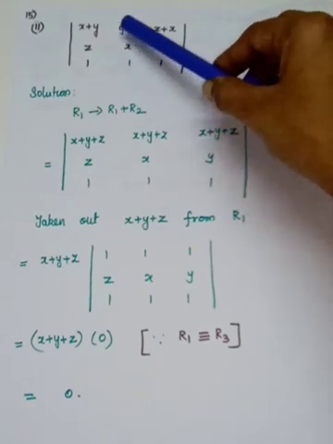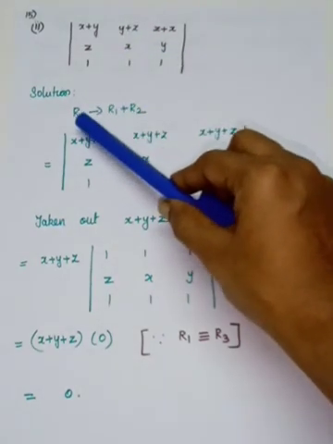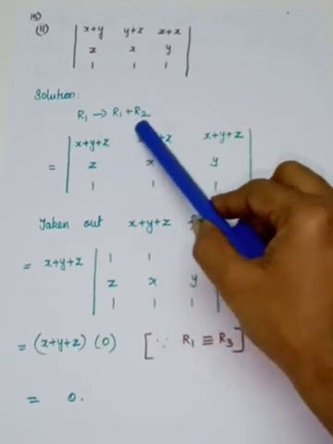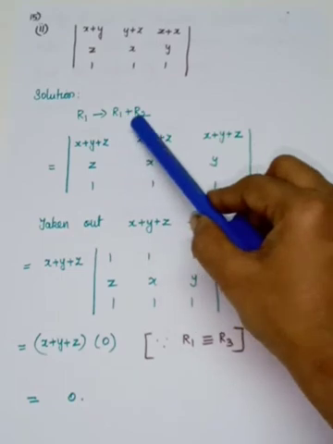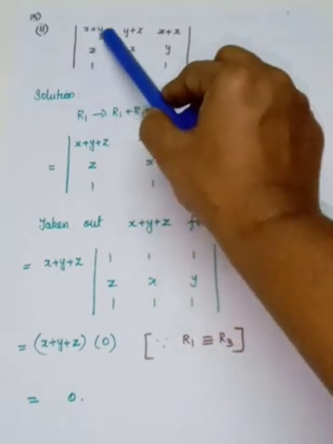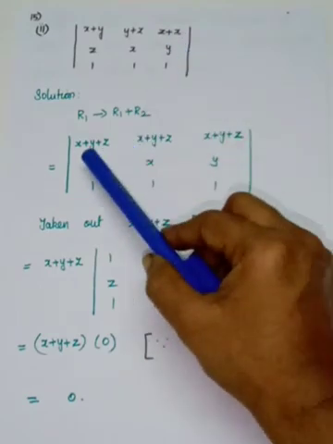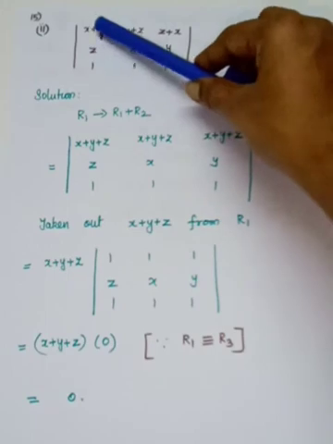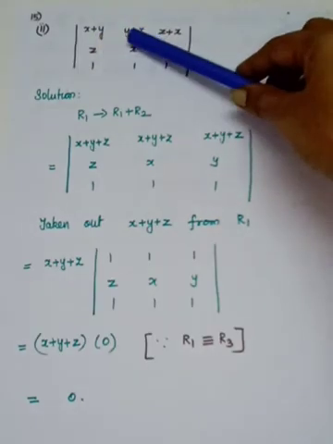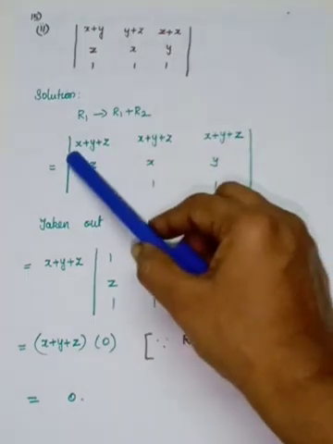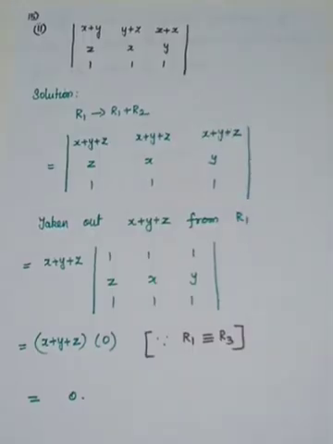So R1 becomes R1 plus R2, meaning the corresponding entries of R1 and R2 are added and written in R1. So x plus y plus z, here y plus z plus x, and here z plus x plus y.